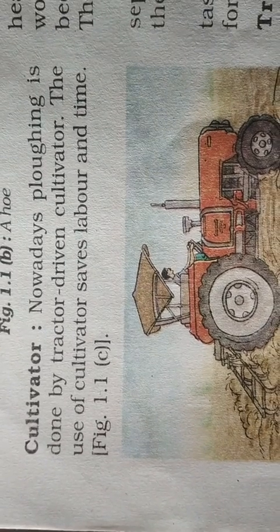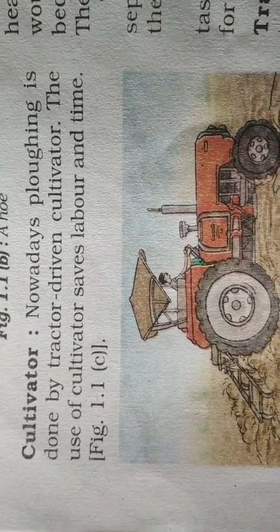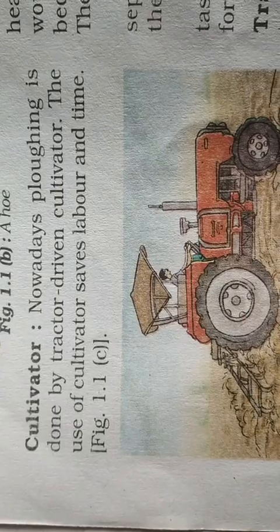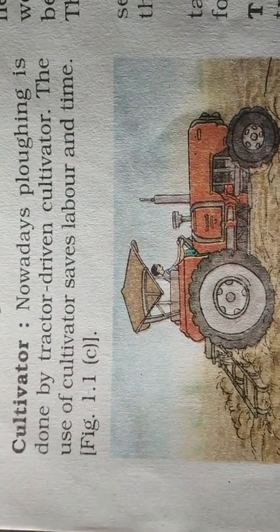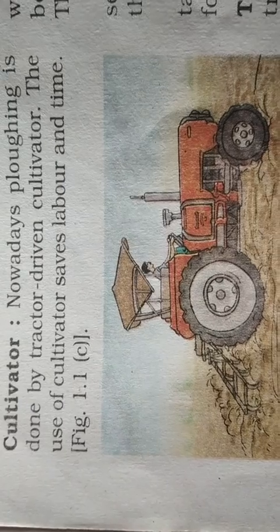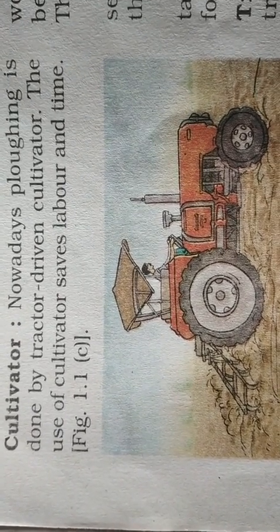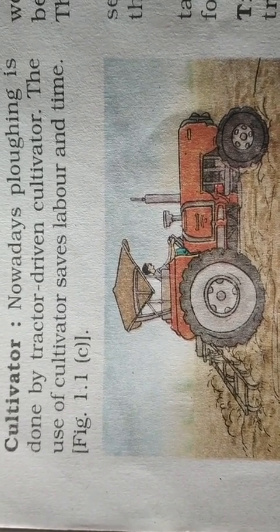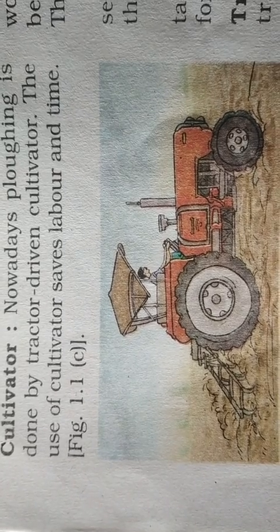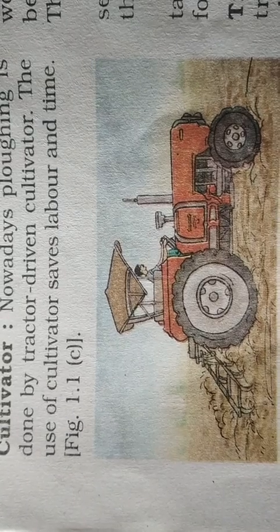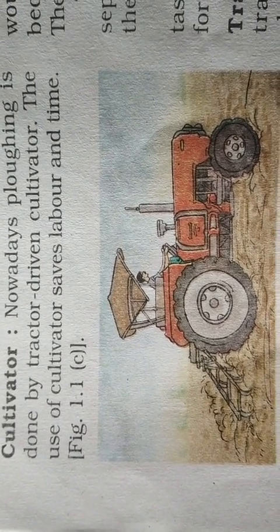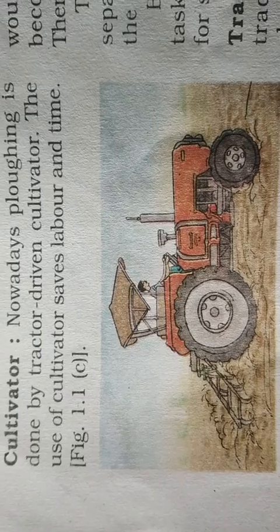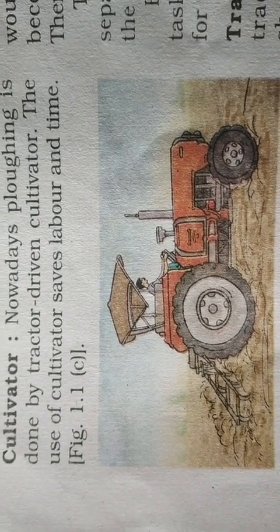It is operated by the tractor, and in that we can see multiple instruments being used. It finishes a very large area in a very short time, and the tractors, which are very strong in working in the fields, are used for loosening the soil as well as cultivating the soil. That is why it is called the cultivator.